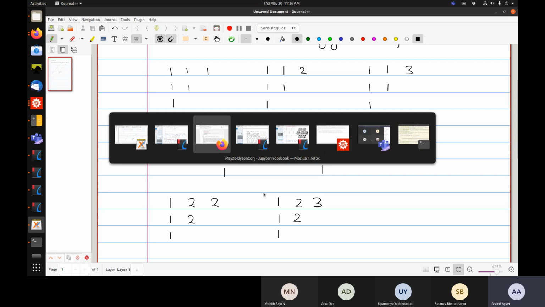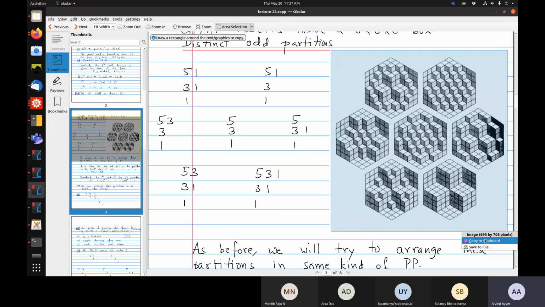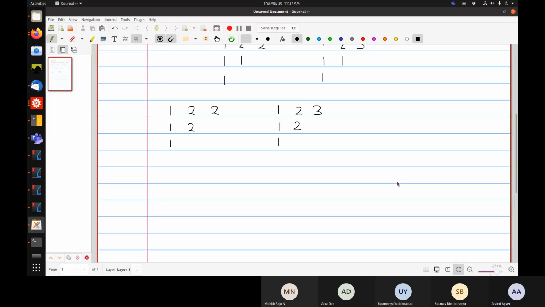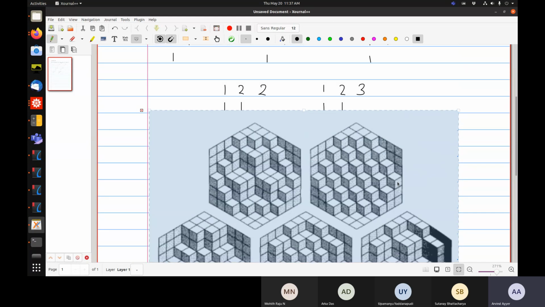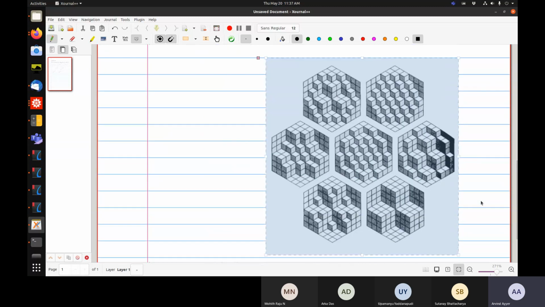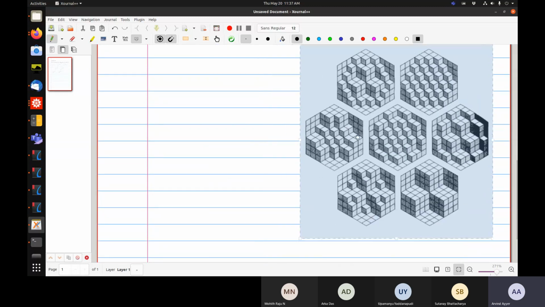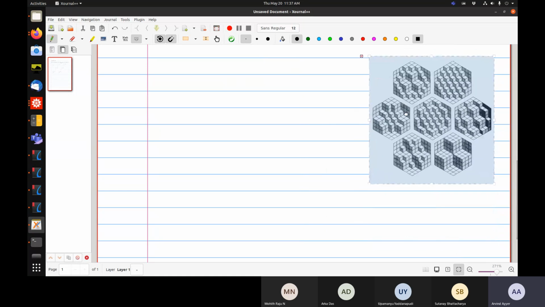Okay, so let us now compare with these 7 TSSCPPs of order 3. For each of those, I'll write the corresponding heights, since you've seen it before.